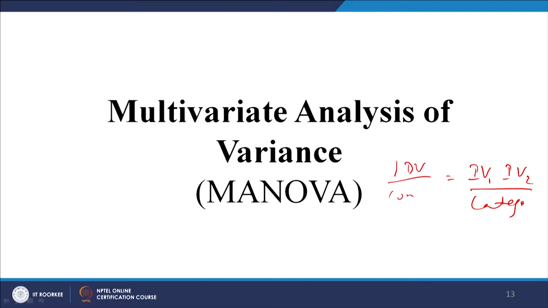Now, what if the case is different? Now, we have multiple dependent variables, let us say you have one dependent variable, then a second dependent variable, and you have two independent variables, or whatever condition, right. So, when I have more than one dependent variable, this study is a case of multivariate analysis of variance.